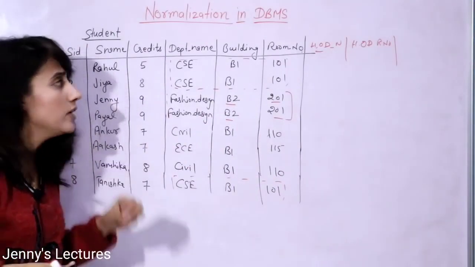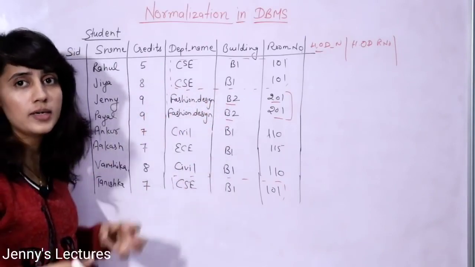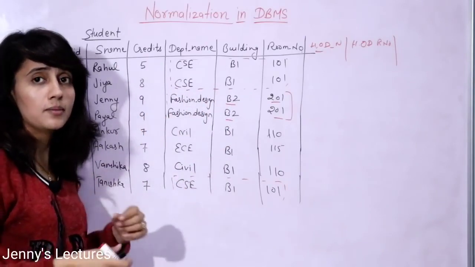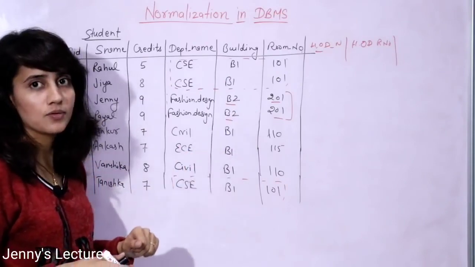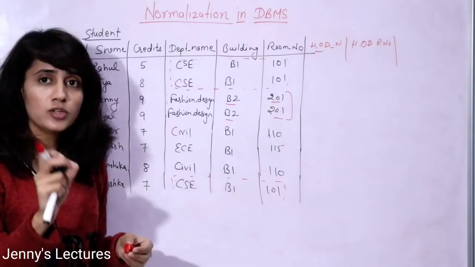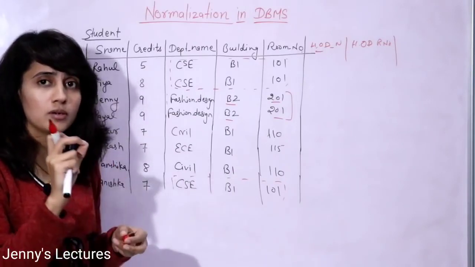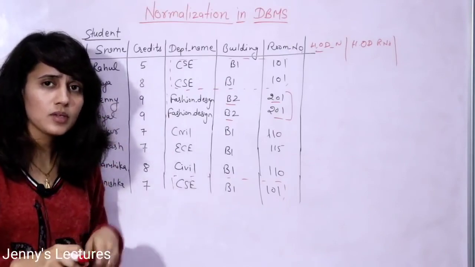Now if we decompose our table into smaller tables, then maybe you can reduce the redundancy. Fine. And see, redundancy is the root cause for all the problems. Fine.